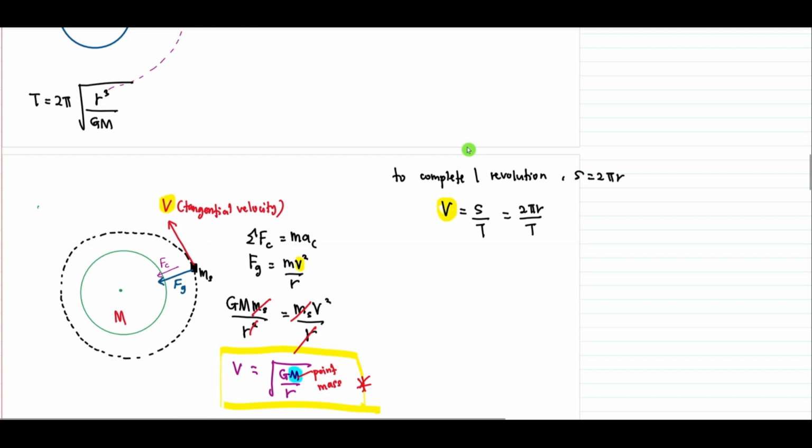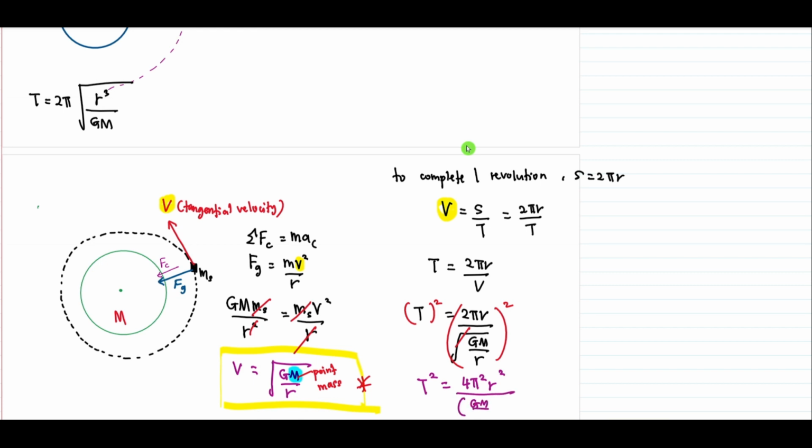So T is equal to 2 pi r over v. Now let's substitute v is equal to square root of GM over r. So I want to cancel the square root, so take the square for both sides. Now we can cancel this one. We can write T squared is equal to 4 pi squared r squared over GM over r.